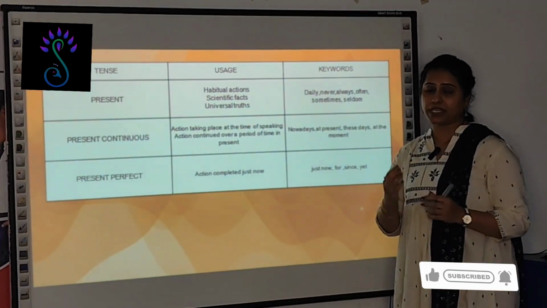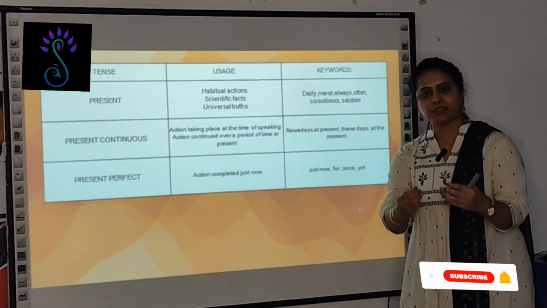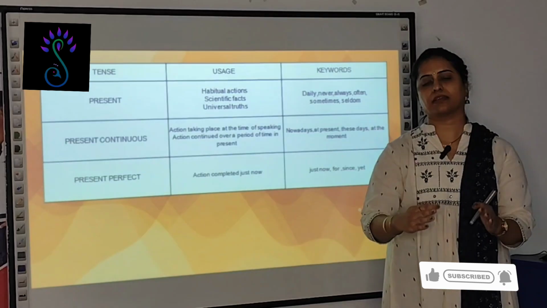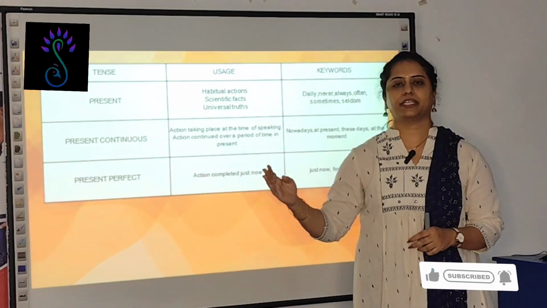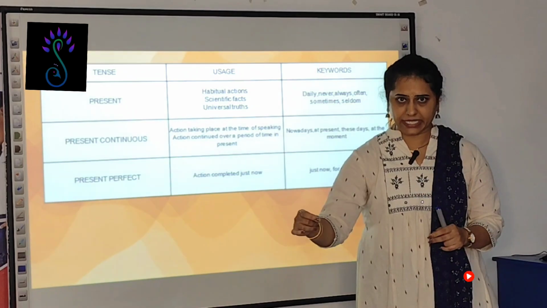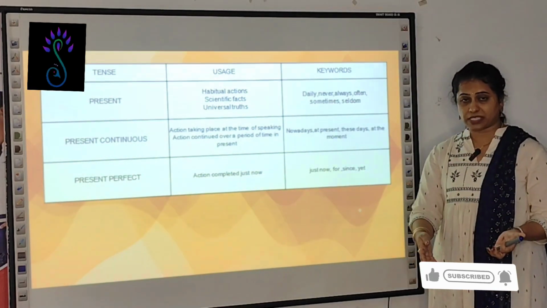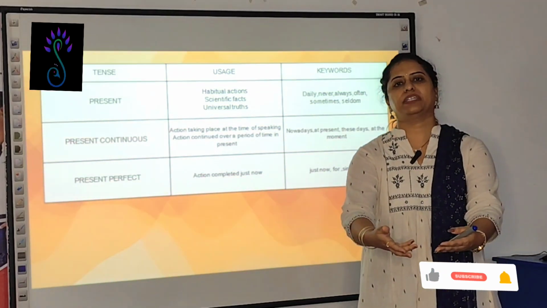Present continuous. What is present continuous? Action taking place while you are speaking. At the time of speech, when action is happening, then it is present. Then you should use present continuous. I am writing. What are the keywords like now, at present, at the moment: I am reading, at the moment I am teaching.